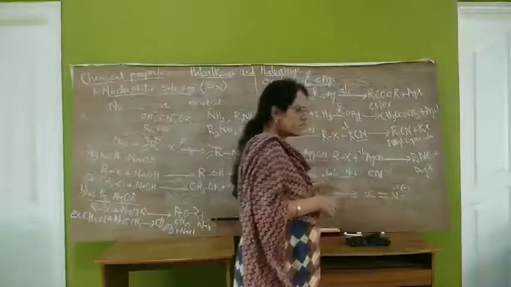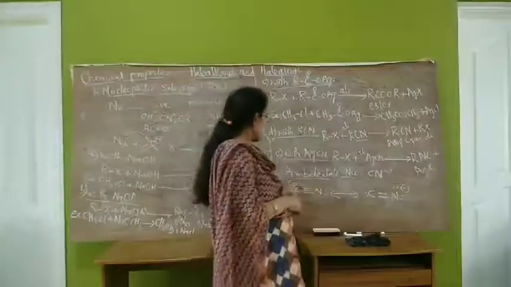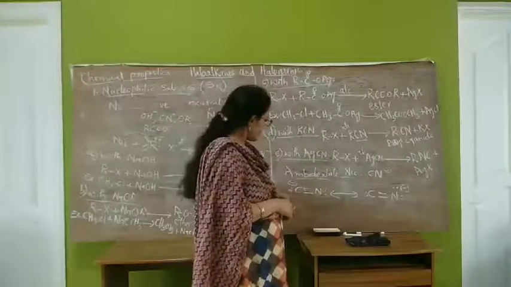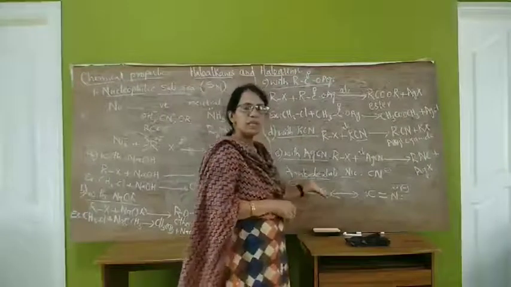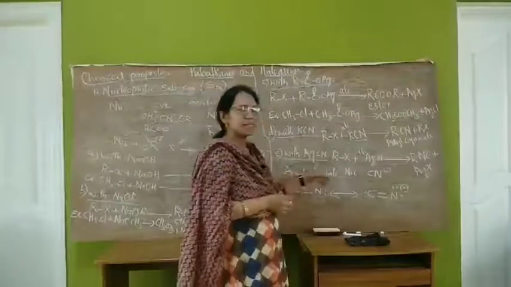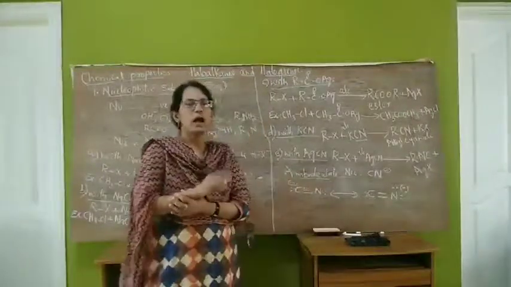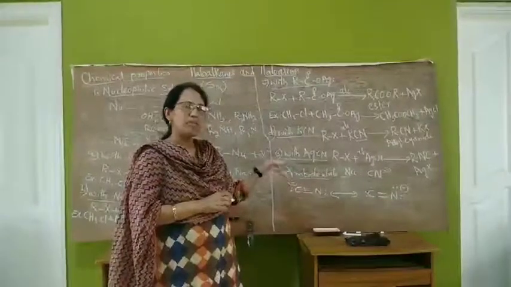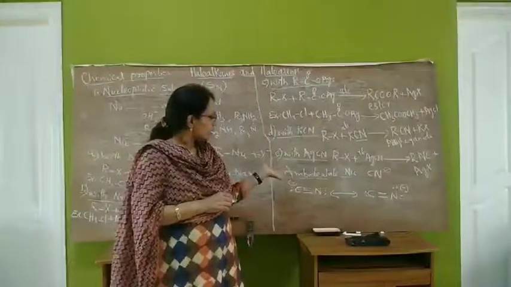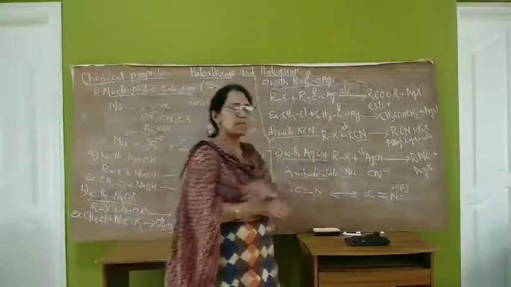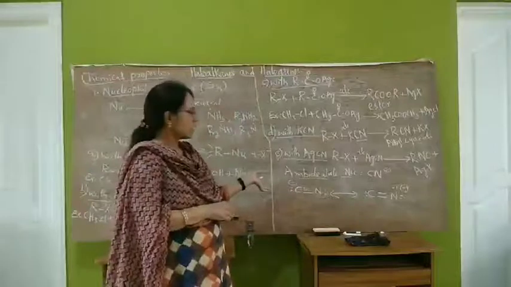These are the resonance structures of cyanide. Here both carbon and nitrogen contain electron pairs. Therefore, both of these can act as nucleophiles. So such nucleophiles are called ambidentate nucleophiles. Ambidentate nucleophiles means the nucleophiles which contain two nucleophilic centers.